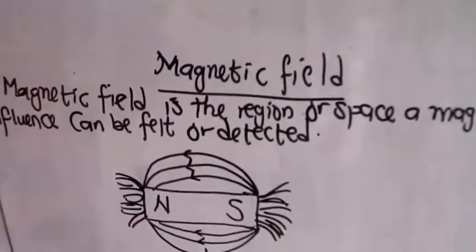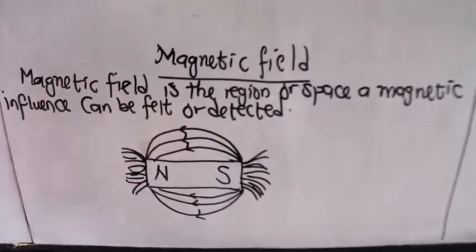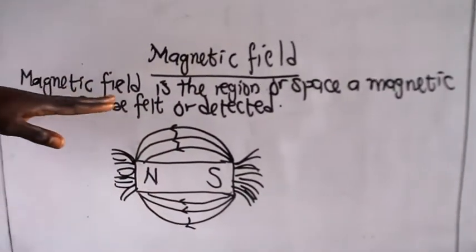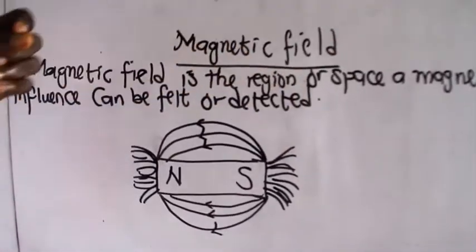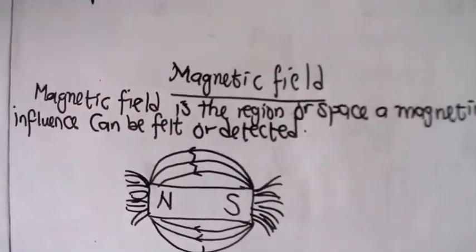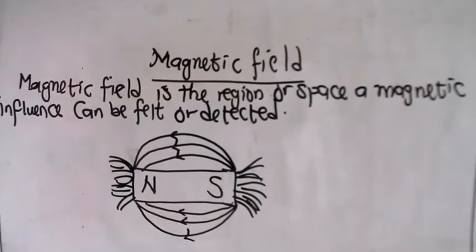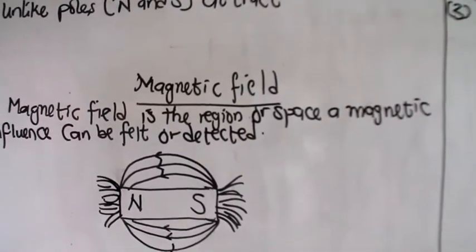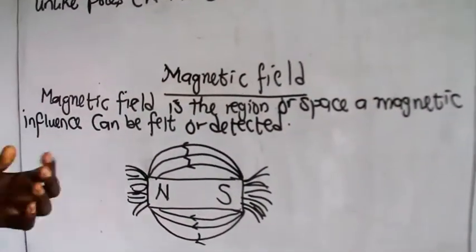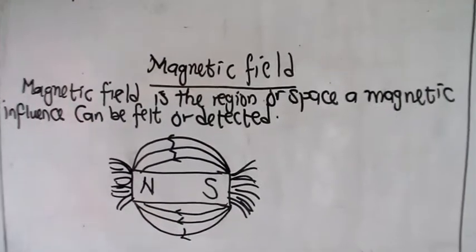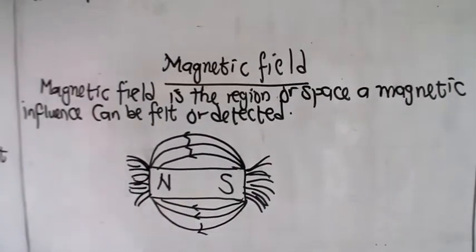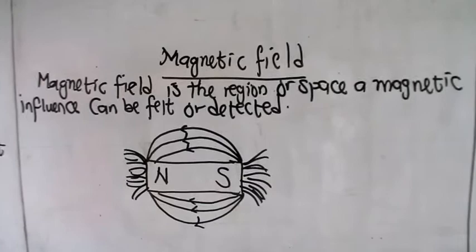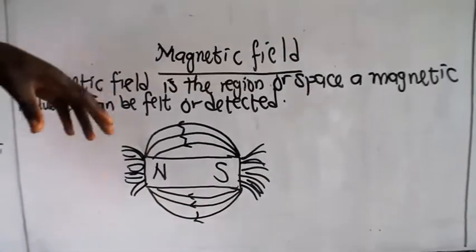Magnetic field. Magnetic field is a region or space where a magnetic influence can be felt or detected. When I was carrying out that small experiment for you to see, that region where you saw a force attracting another magnet is called the magnetic field.